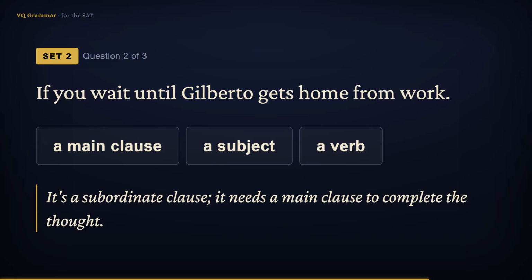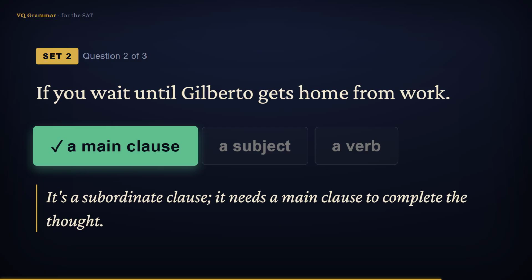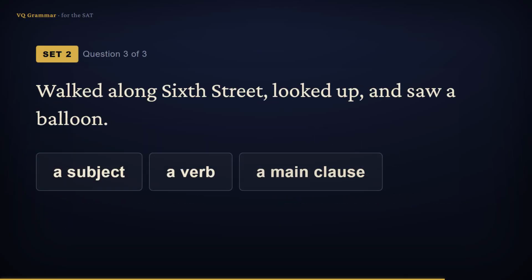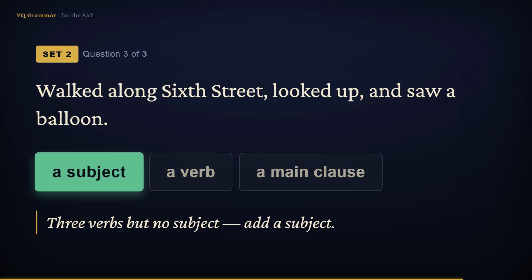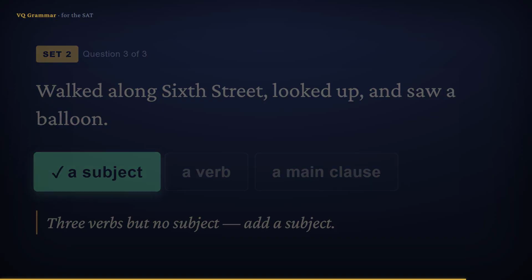The word if makes this a subordinate clause. It has a subject and verb, but it hangs, so it needs a main clause. "Walked along 6th Street, looked up, and saw a balloon." There are 3 verbs, walked, looked, saw, but no subject. Who did all this? So it needs a subject.